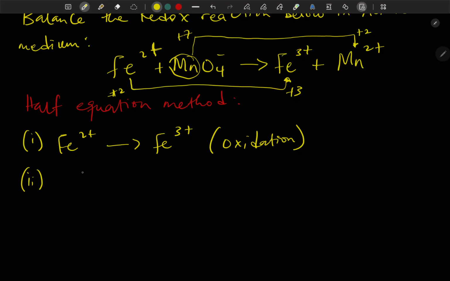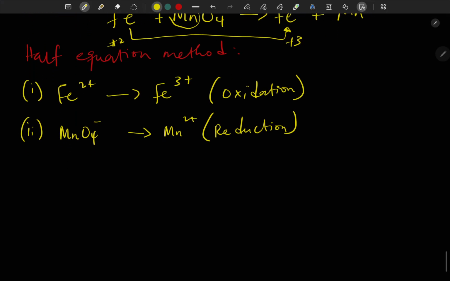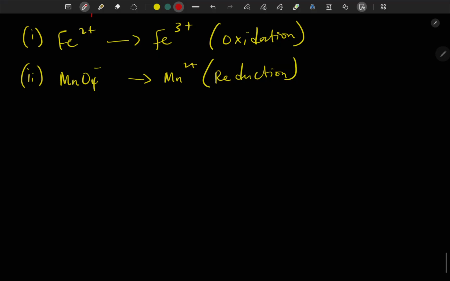So the second half equation will be MnO4- gives Mn2+, reduction. We are going to balance each half equation and then combine both of them as a net ionic equation. So let's do that.